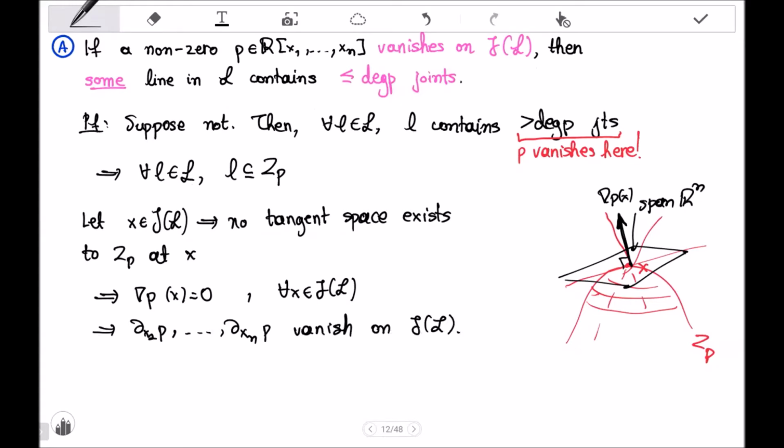So we started with a polynomial P that vanishes on our joints, and we got lower degree polynomials vanishing on the joints with the exact same property. So if we have assumed that the original polynomial P is the one of lowest degree possible with this vanishing property, we get a contradiction.